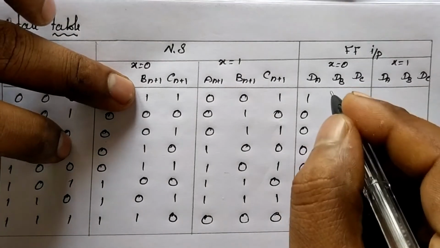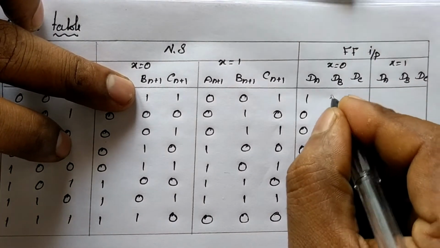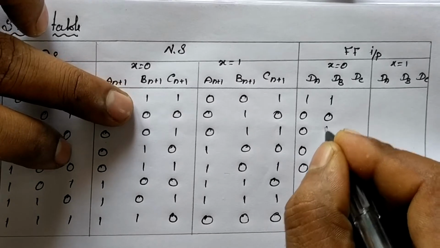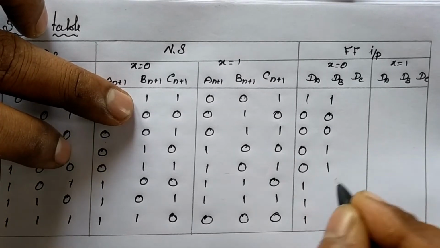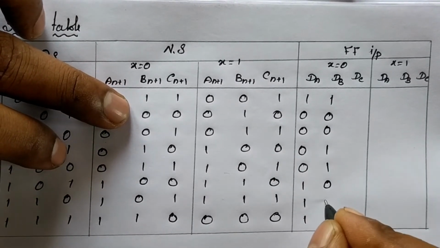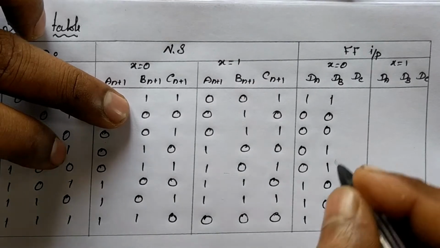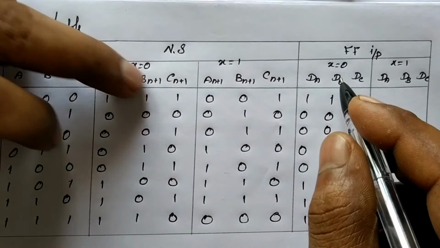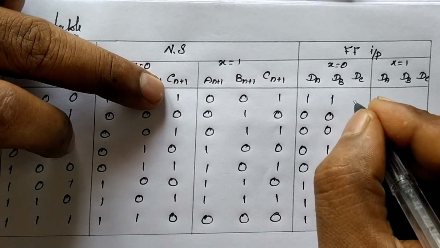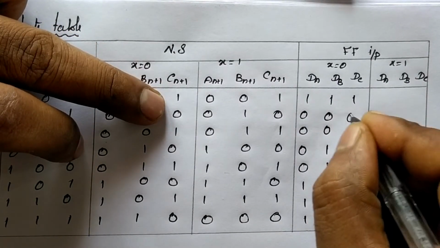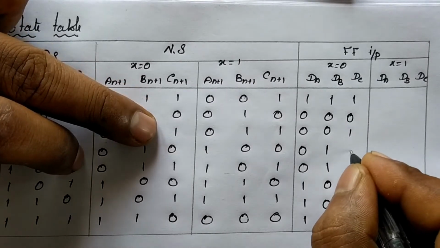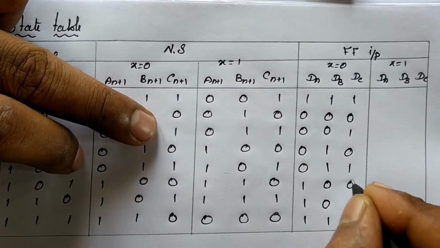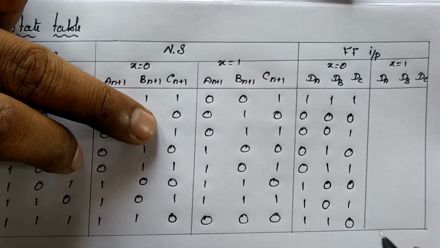For DB it's Bn plus 1. Therefore 1, 0, 0, 1, 1, 0, 0, 1. For DC at X is equal to 0, here Cn plus 1. Therefore 1, 0, 1, 0, 1, 0, 1, 0.